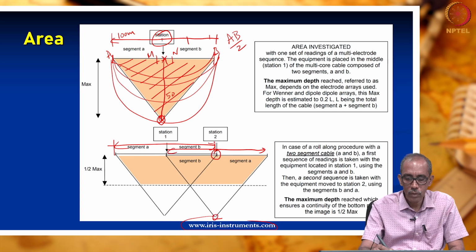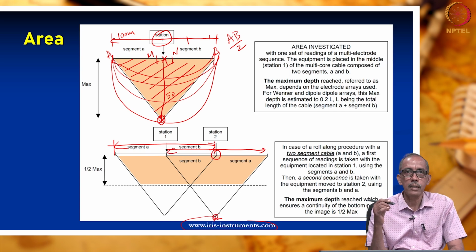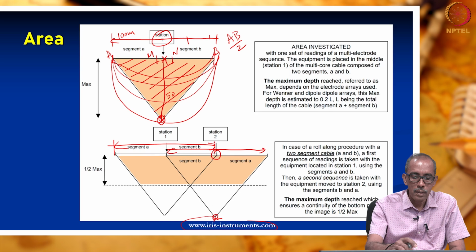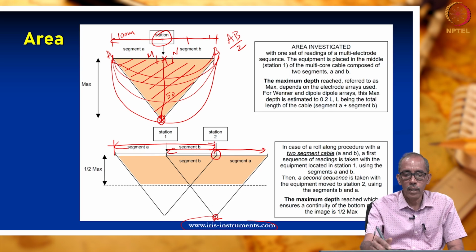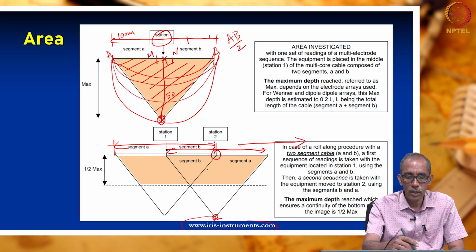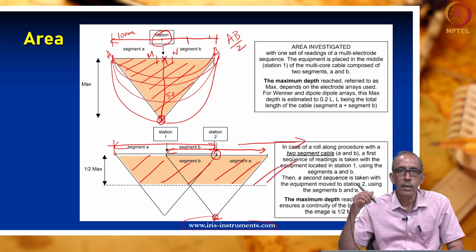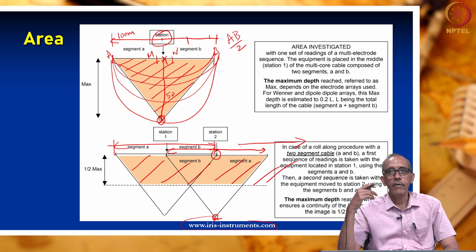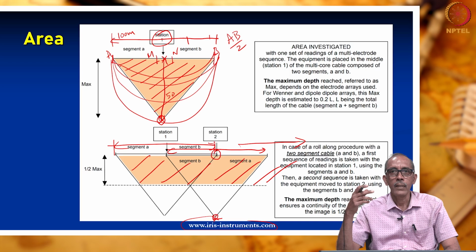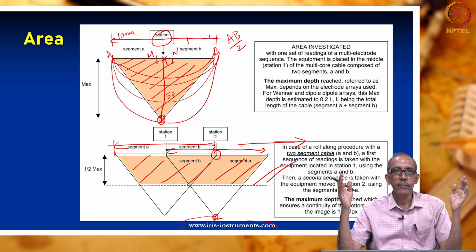So, here too we are getting information at this place, which means as you move the electrodes in this direction, you are continuously studying this area. So, the area of investigation is a triangle beneath the two outermost electrodes.